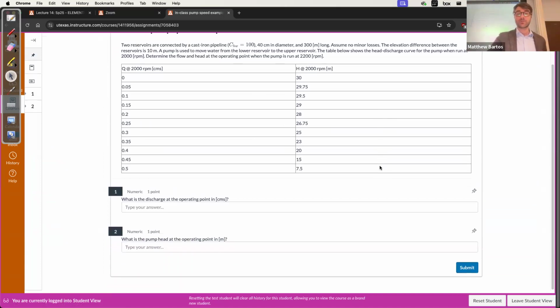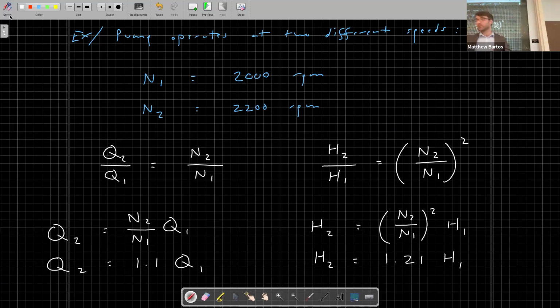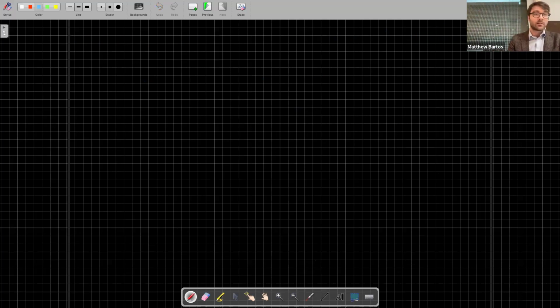So let me quickly just draw out the problem. You have two reservoirs that are connected by a cast iron pipeline.